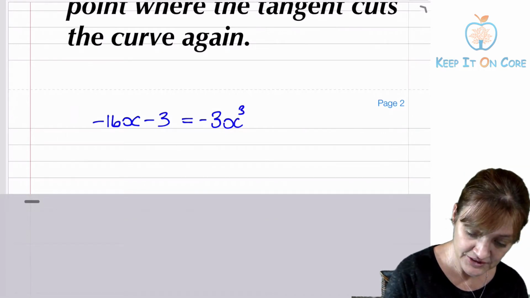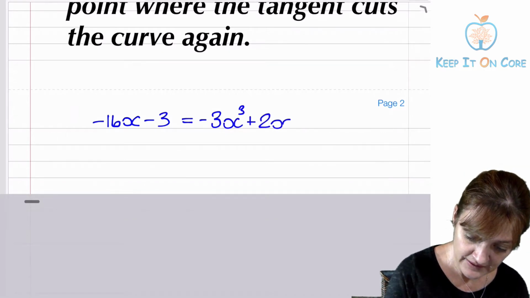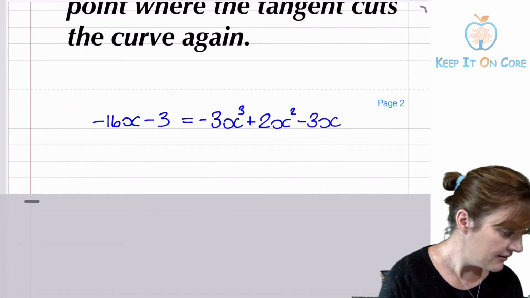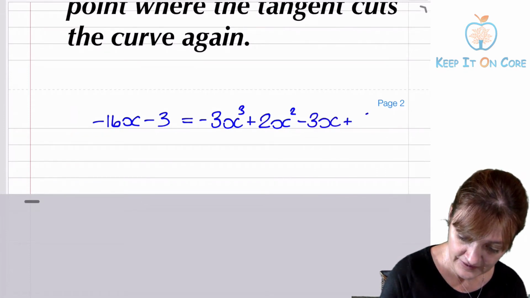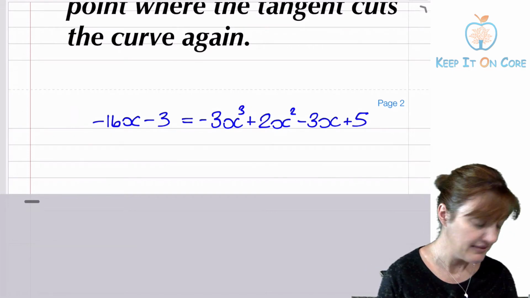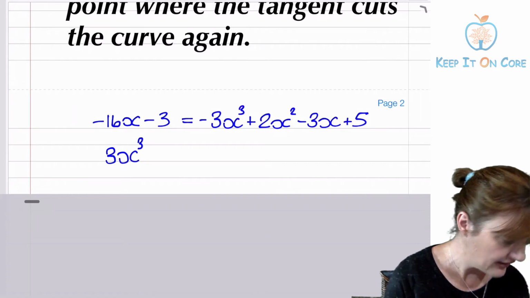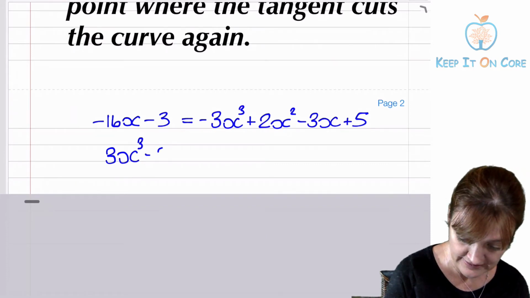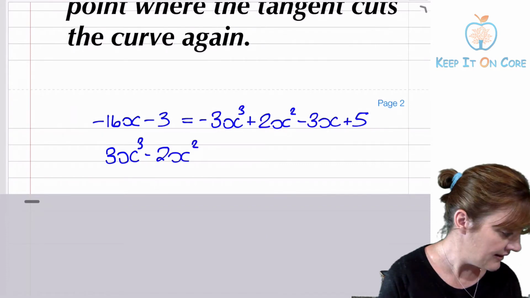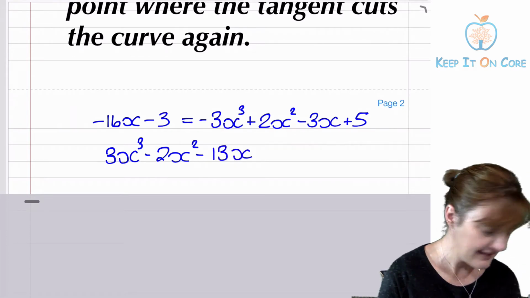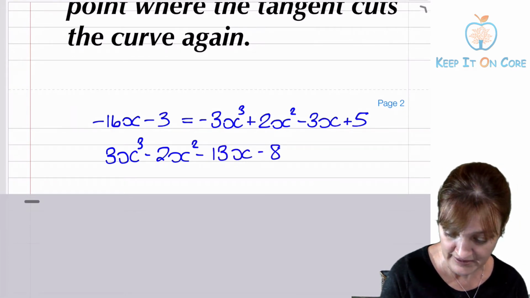Negative 3x cubed plus 2x squared minus 3x plus 5. And that's going to land up giving us, when we move everything over, 3x cubed minus 2x squared minus 13x minus 8 being equal to 0.